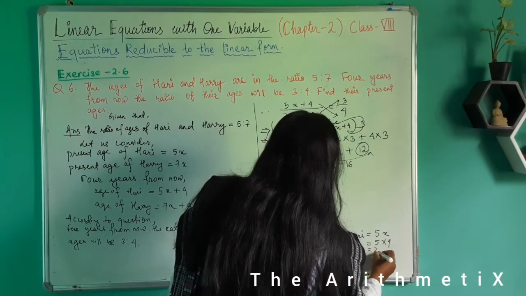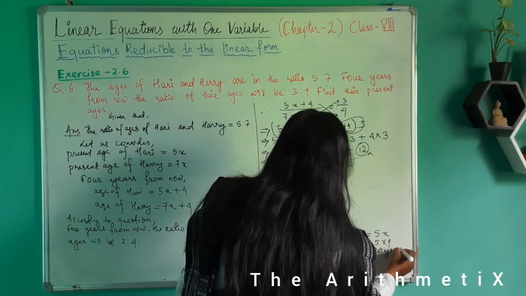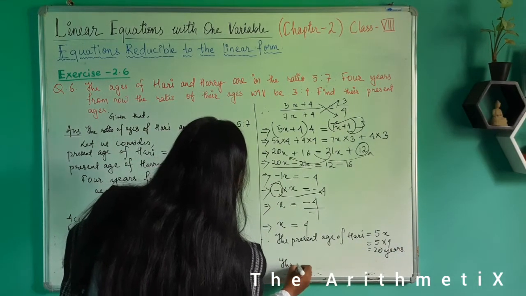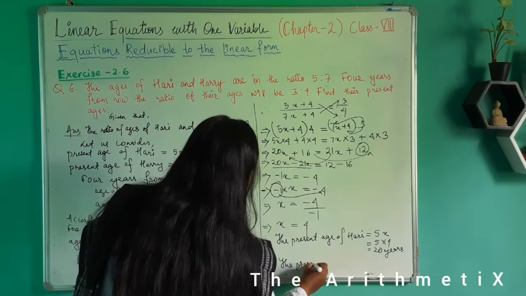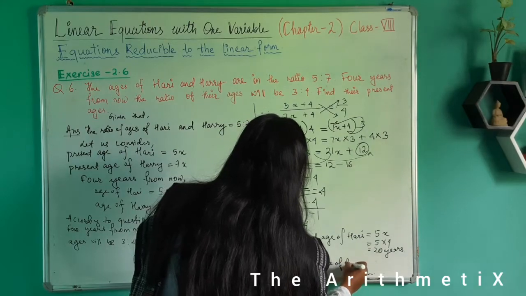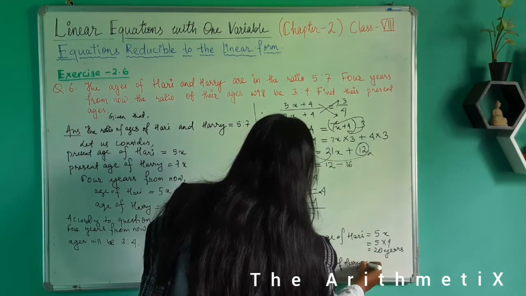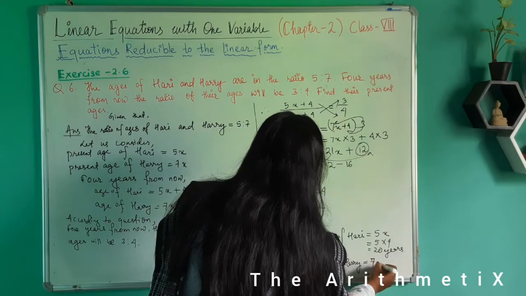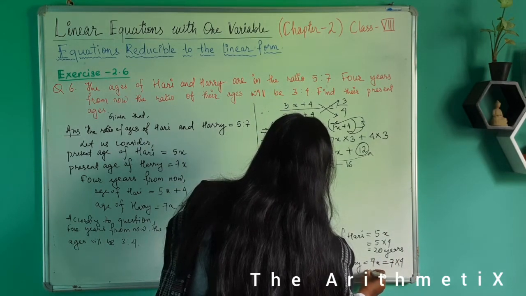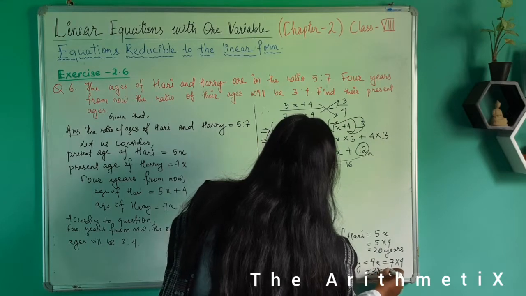This equals 20 years. 5 4s are 20. Similarly, the present age of Harry equals 7x. This is equal to 7 into 4, that is 28 years.